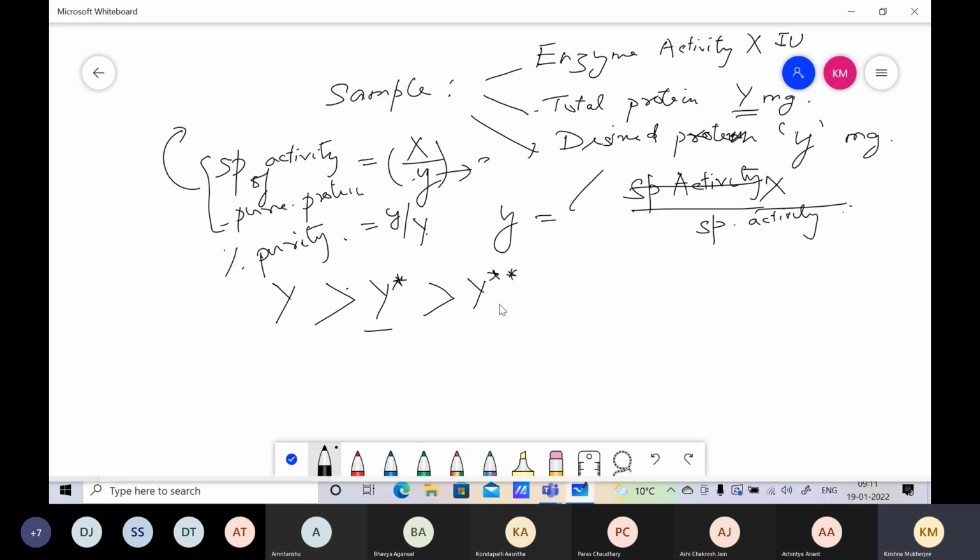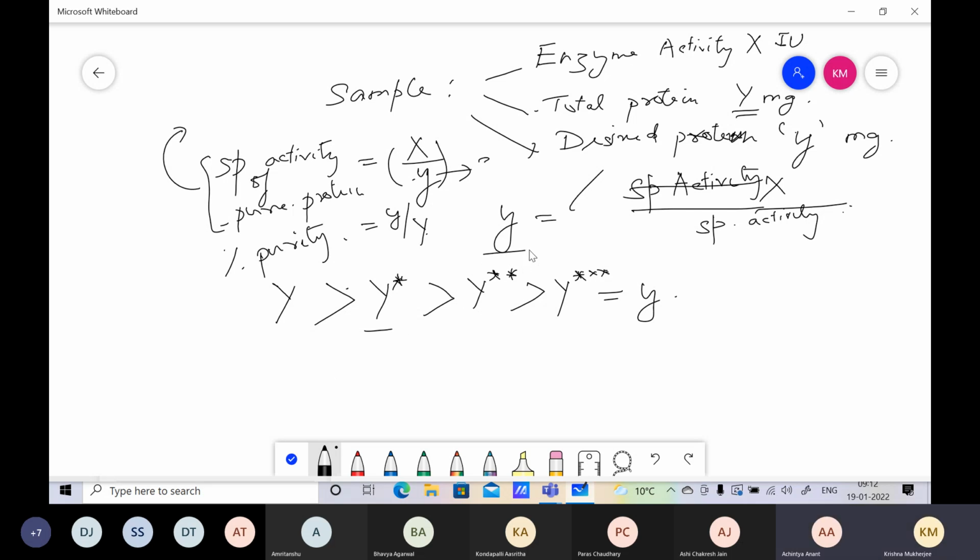Are you getting this argument? The idea is that this slowly becomes less and less, down to small y. If I have a three-step process, finally this possibly may be equal to small y. Get my point?